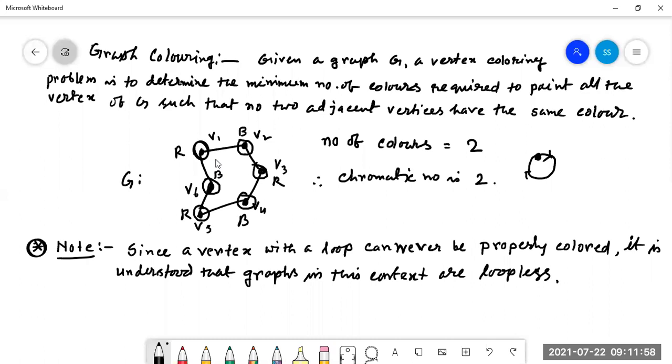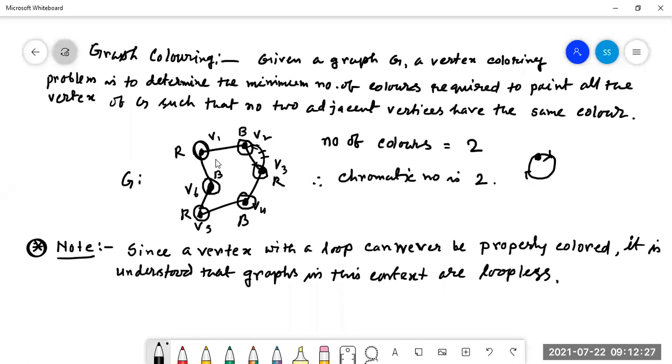Clear? It must also be free of parallel edges. If there is a parallel edge, then for V2 the adjacent vertex is V3, and again V3, so both are in the same color red. So the graph must be loopless and have no parallel edges. So the graph must be a simple graph.